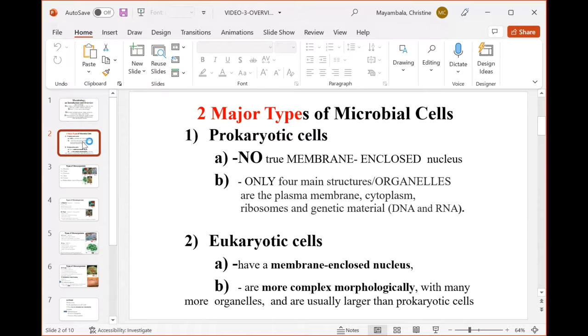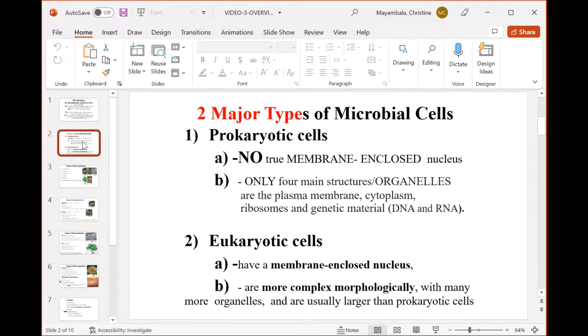On the other hand, eukaryotic cells, whether they are microbes or larger organisms like us human beings, do have a membrane around that genetic material in the nucleus. So whether they have DNA or RNA, it's going to be in an enclosed nucleus, and they have a more complex set of structures or organelles in their cytoplasm.